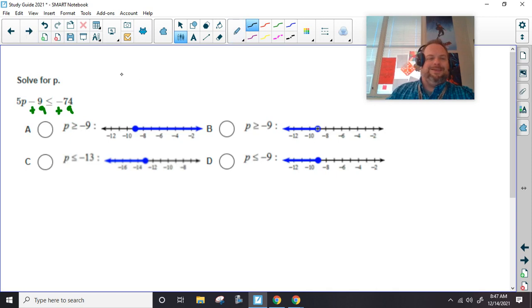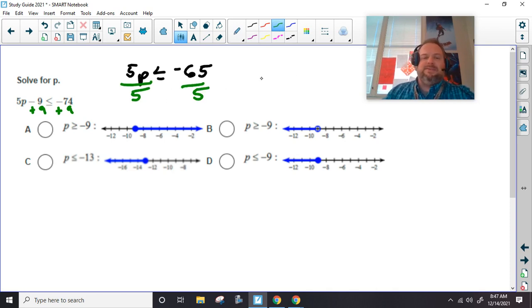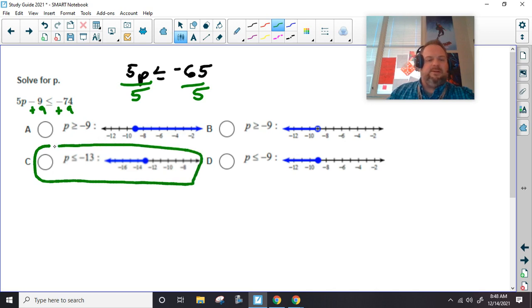So we get 5p is less than or equal to -65. When we divide, we didn't divide by a negative this time. So it's actually going to be this one. For me, it's C. For y'all, it is B.